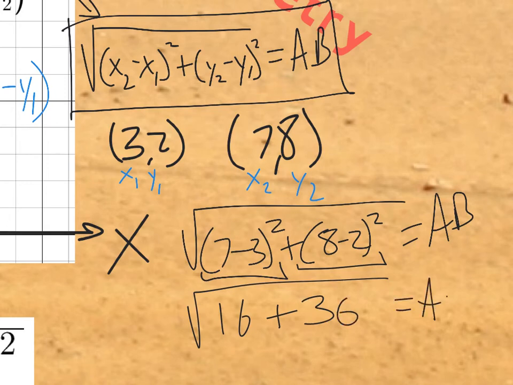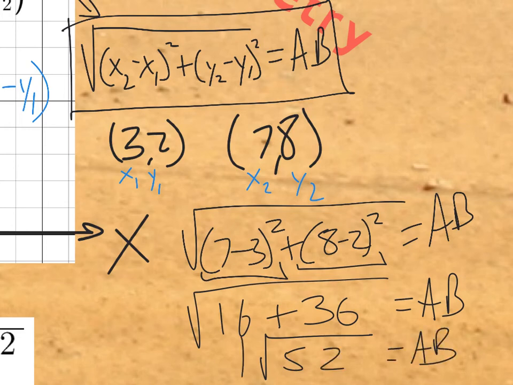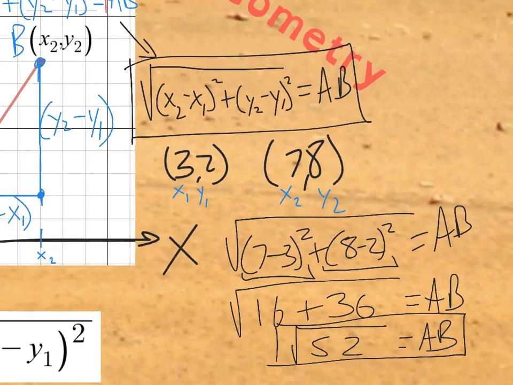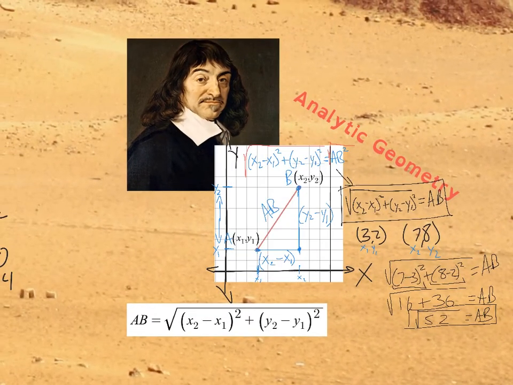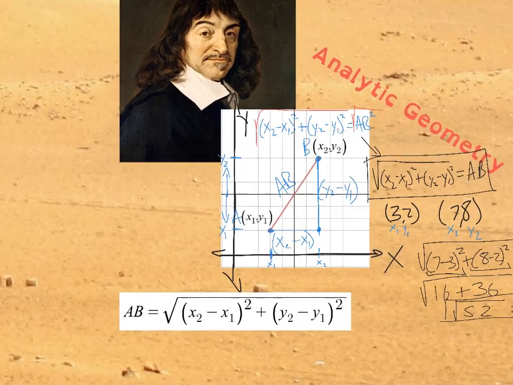And so that's going to be AB. And 36 and 16 is going to give us 52. And 52 is not a perfect square, so we will leave it alone. That is our answer.